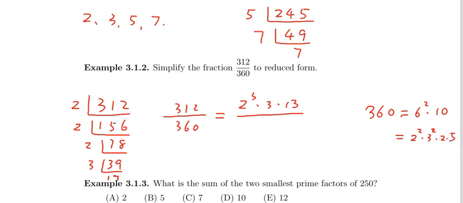So 360 can be written as 2 times 2 times 3 times 3 times 5, right? Okay, so we cancel these, and the reduced form is 13 over 15.